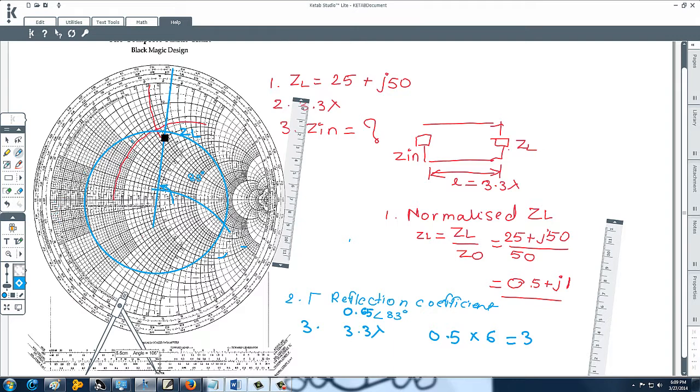We start from ZL: 1, 2, 3, 4, 5 and 6. After 6 we have to move 0.3 lambda from ZL, and after that we get the normalized Z in value, and after multiplication with 50 ohm we get the actual Z in value.